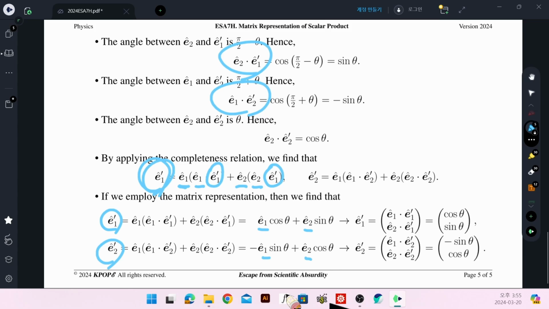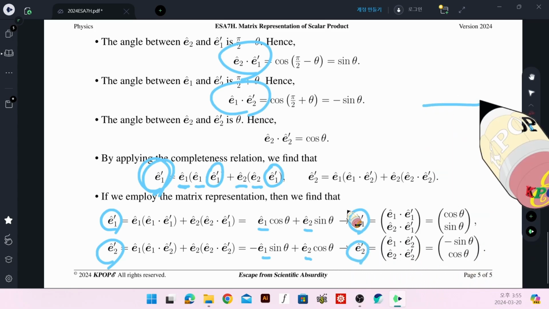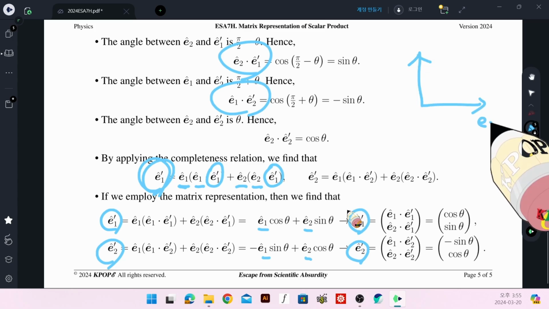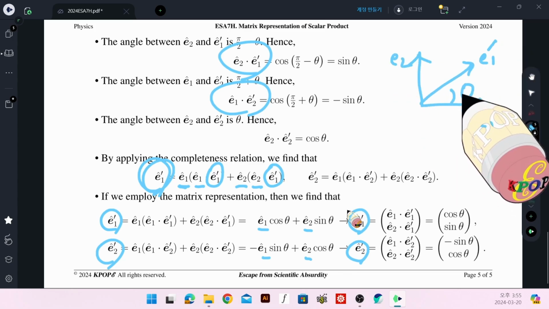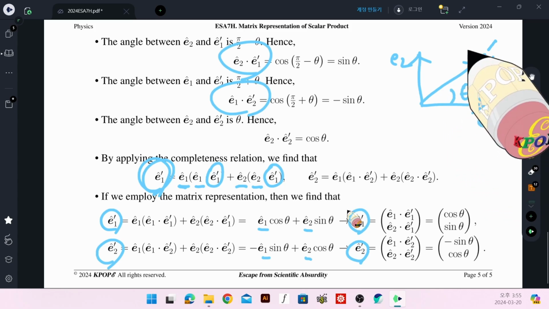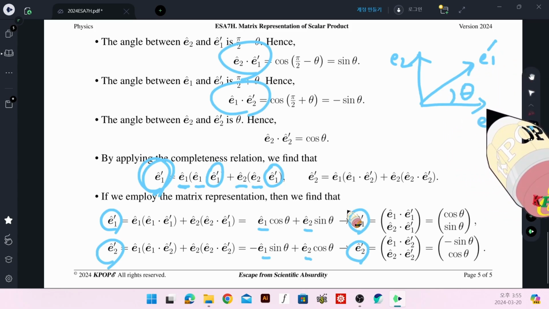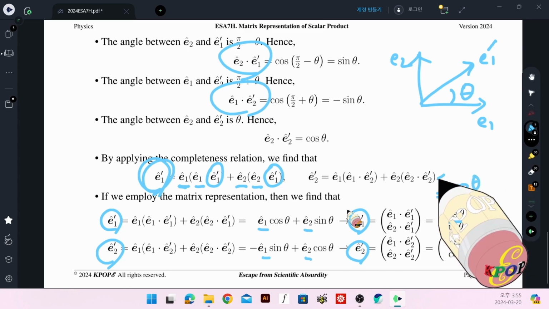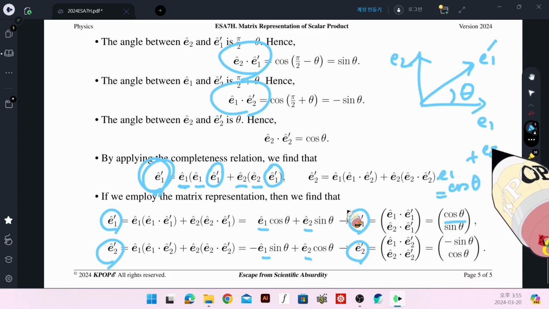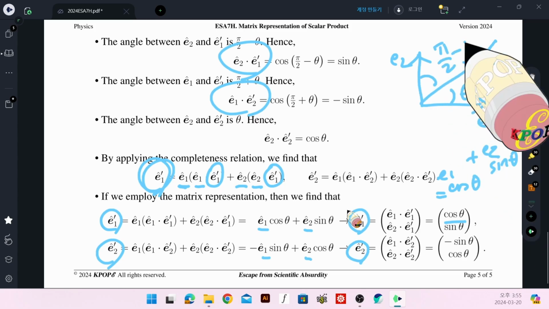As a result, the matrix representation of E1 prime and E2 prime in the basis of the original basis vectors E1, E2 is as follows. This is E1 prime, and this is theta. E1 prime can be expressed as cosine theta E1 plus sine theta E2. This other angle is half pi minus theta.